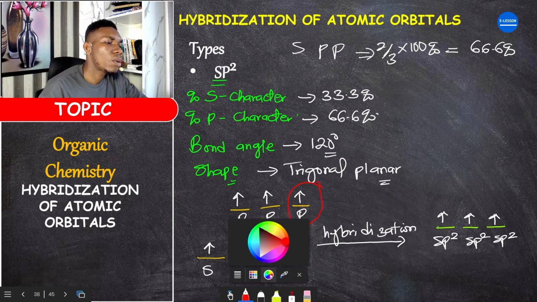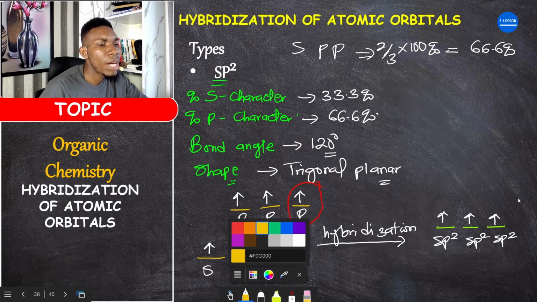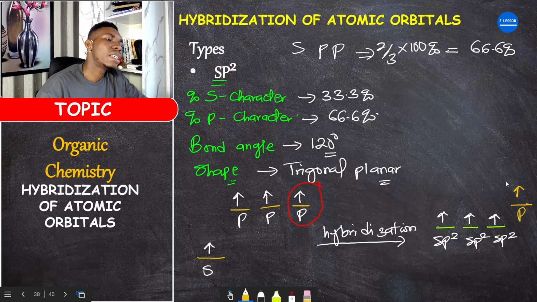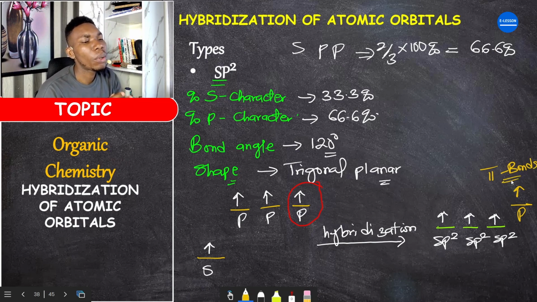So the one that is unhybridized will also be at the same level as the initial atomic orbital. So you see, I'll put this one at this position here to tell you that one of the p orbitals is unhybridized. This one that is unhybridized is what will now form pi bonds. So pi bonds are formed from unhybridized atomic orbitals.